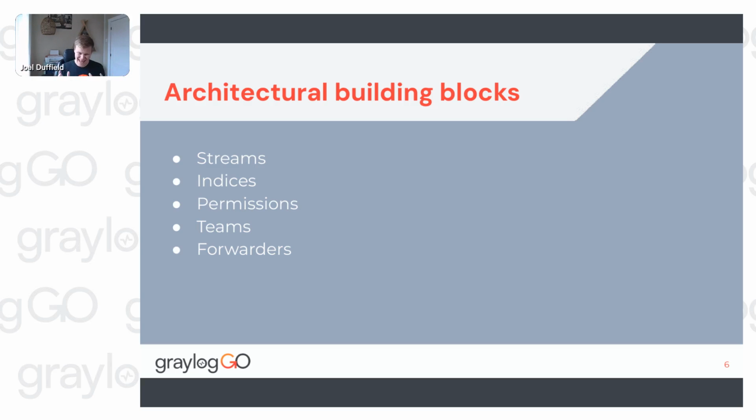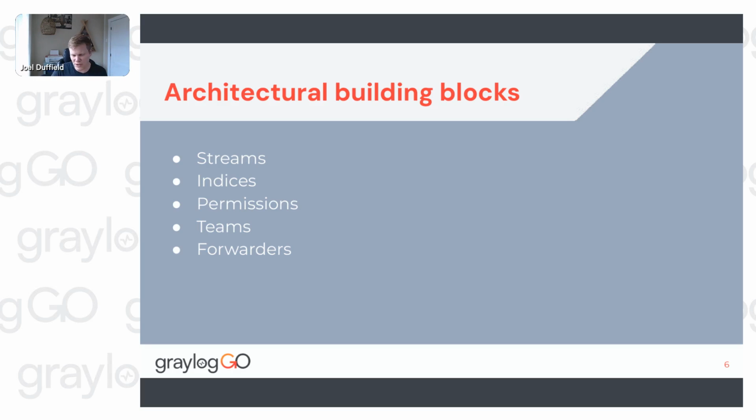That forwarder will take all of that data, collect it all together, and ship it back to the main cluster. Obviously, if you are doing remote collection, this makes your life incredibly easy. If you're running an MSP or an MSSP, and you need to be collecting on customer sites, being able to deploy a forwarder into there is very helpful.